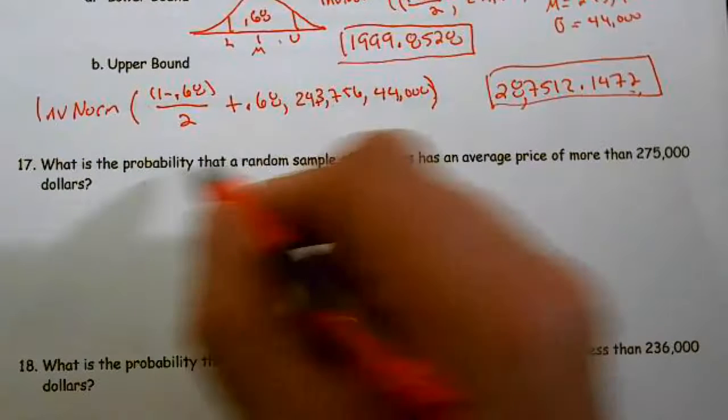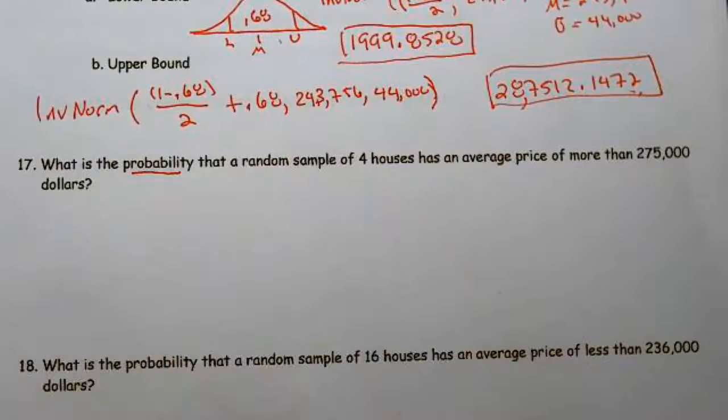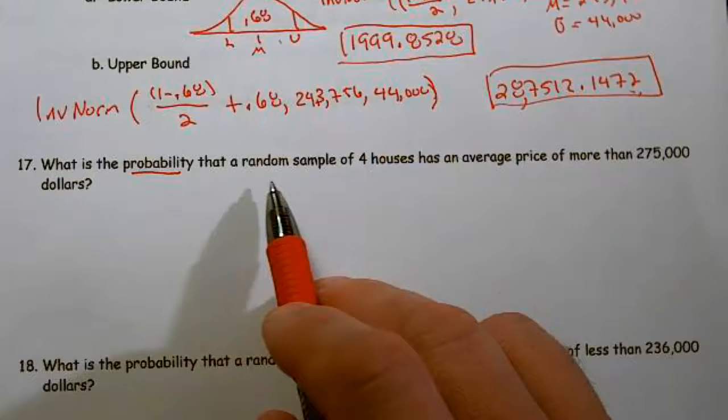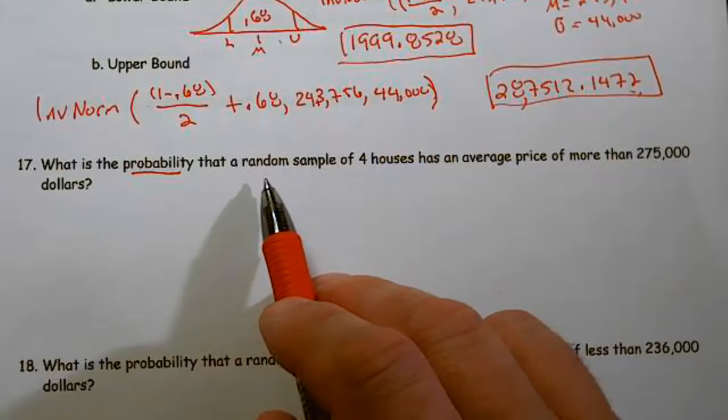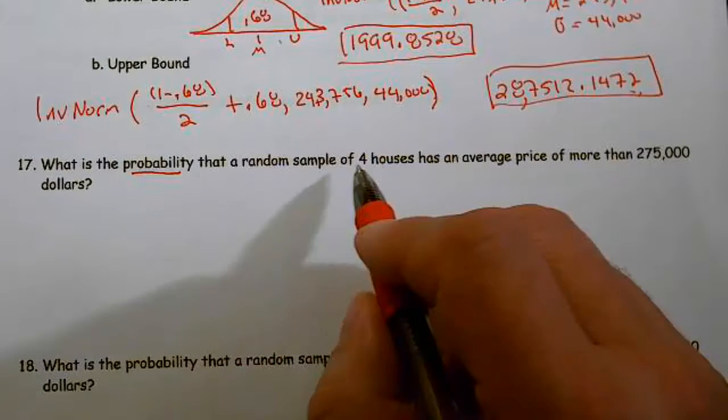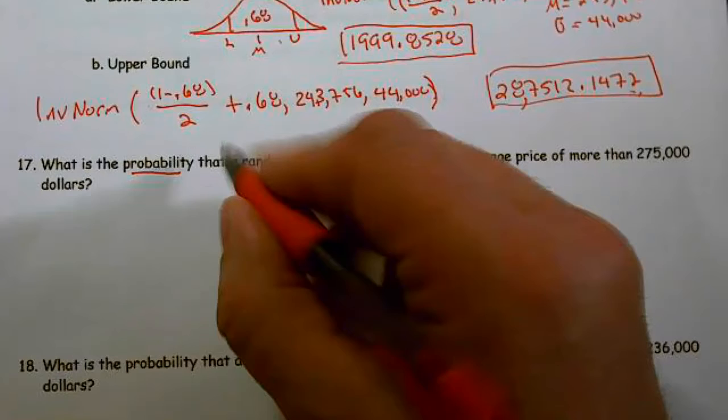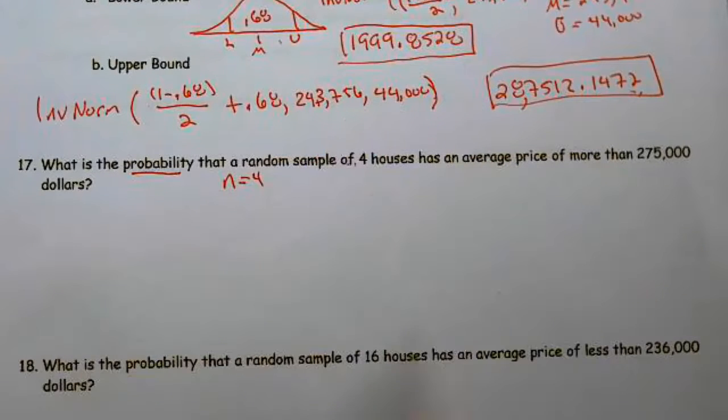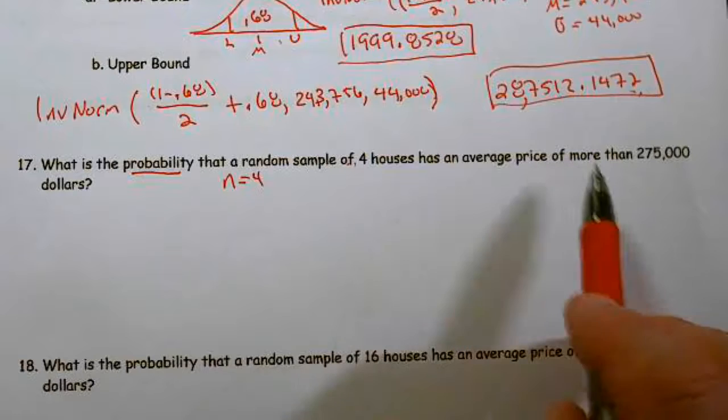Now it's asked for the probability. So it asked for an area. So I'm either going to be looking at a norm CDF or a stats test. What's the probability that a random sample of 4 has a price of more than 275,000? Since n equals 4, it's probably going to be easier to do a stats test.